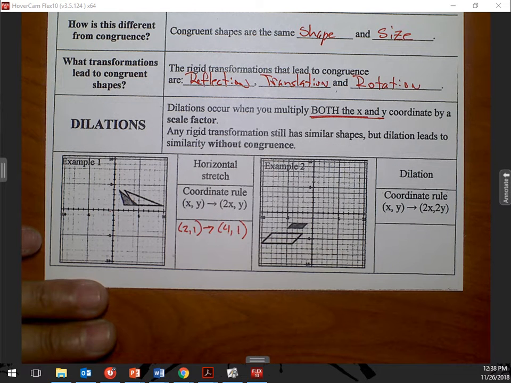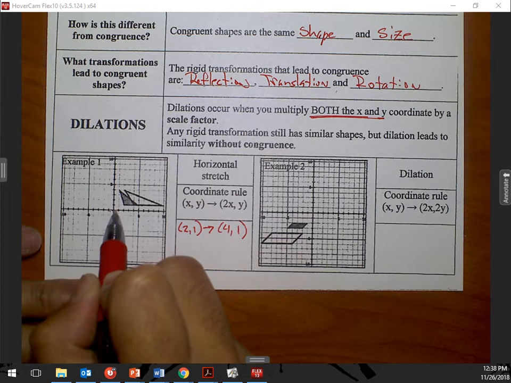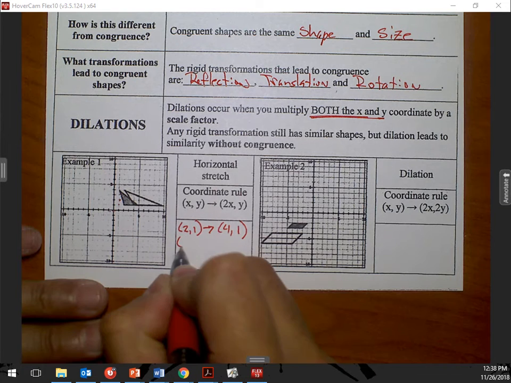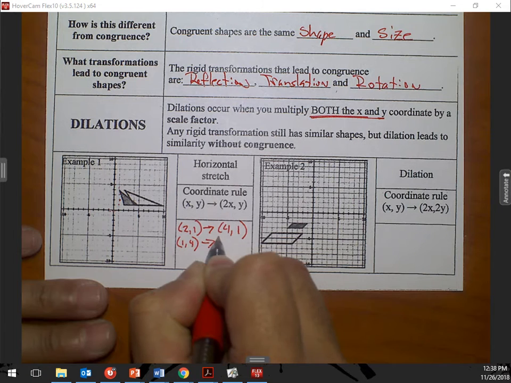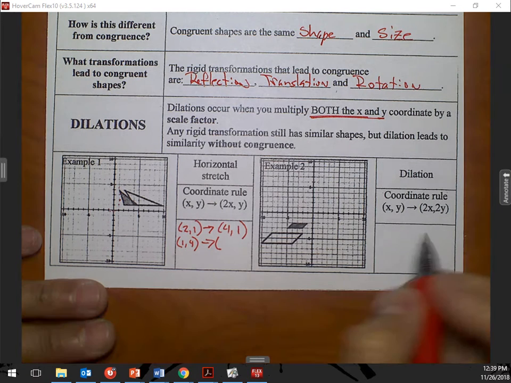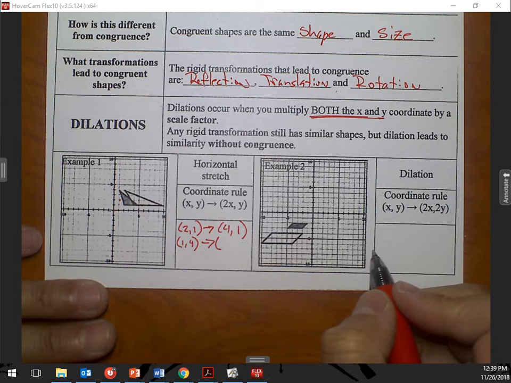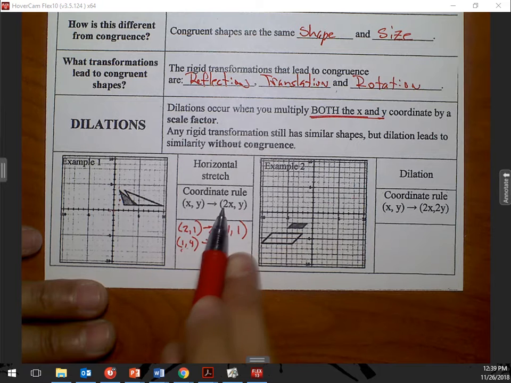That's what a coordinate rule does. Next one: over 1, up 4, so 1 comma 4. What will this be? It's going to be 2 comma 4, because it's 2 times the x value.